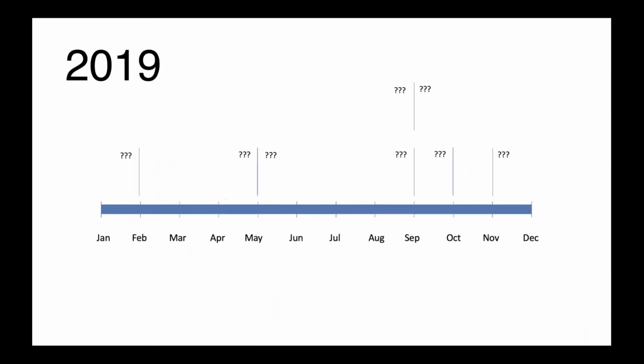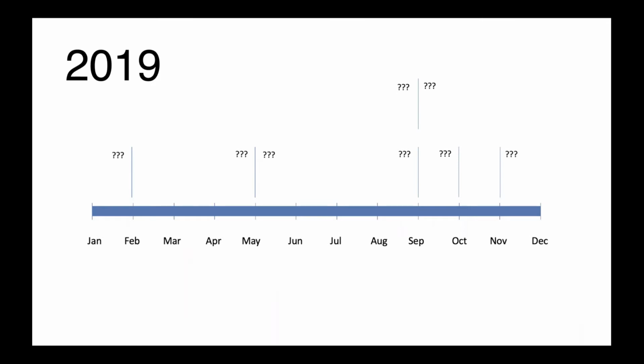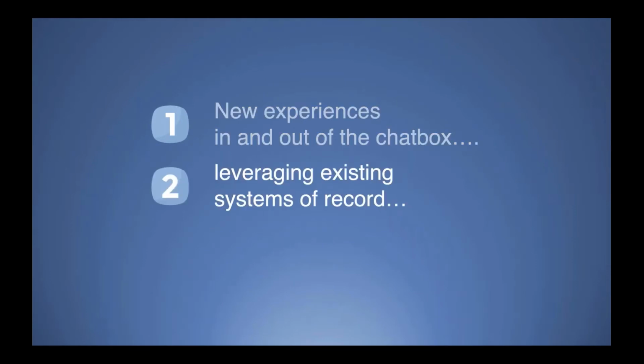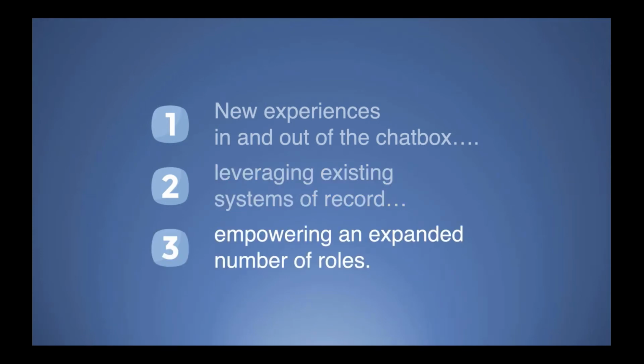Well, this question has many answers, and in 2019, we see three trends. First, we'll see new experiences in and out of the chat box. We'll leverage existing systems of record, and we'll empower an expanded number of roles. Let's take that one by one. So, first, interactions will become more usable and engaging by moving in and out of the conversational interface.